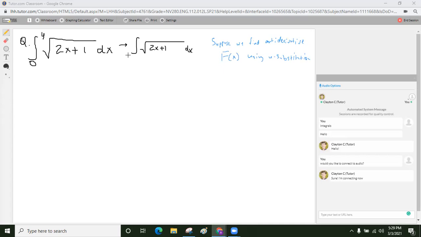So let's say you do what you'd normally do with the indefinite integral. You find that antiderivative in terms of x. Then you can solve the definite integral as we normally would. Right. Using that antiderivative. Sure.